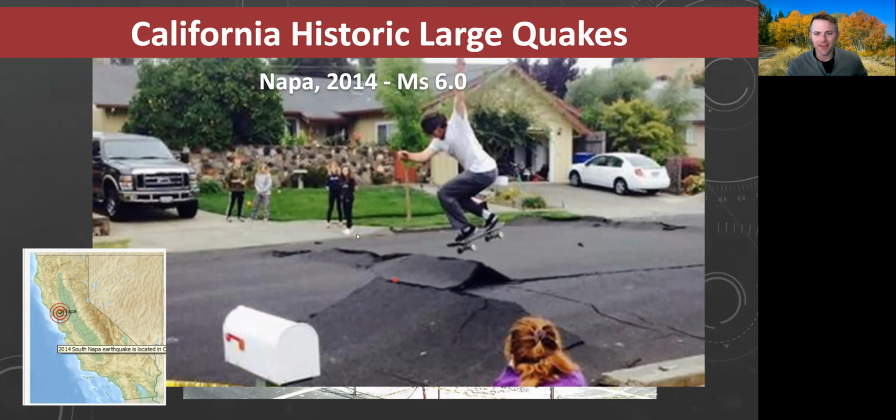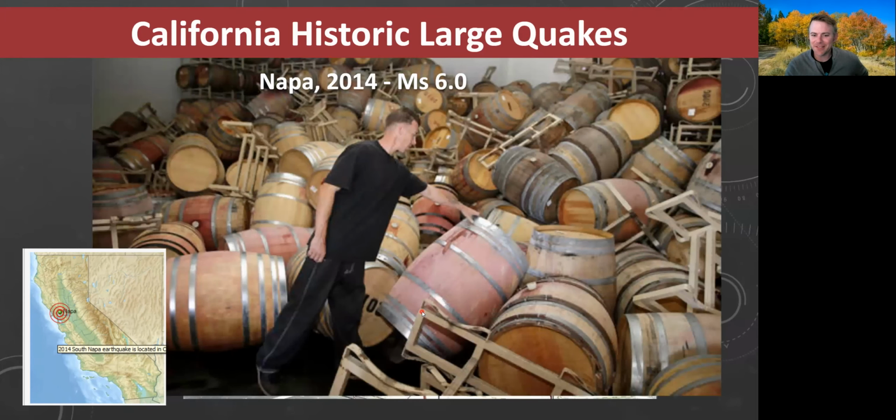All right. And the thing that I remember a lot is this picture of the earthquake causing some of the street to buckle, and then the Napa kids all went out and started skateboarding, using the earthquake buckles as ramps, which I thought was pretty hilarious. And then of course all the wineries in Napa had multi-million dollars in losses of broken wine barrels and things like that.